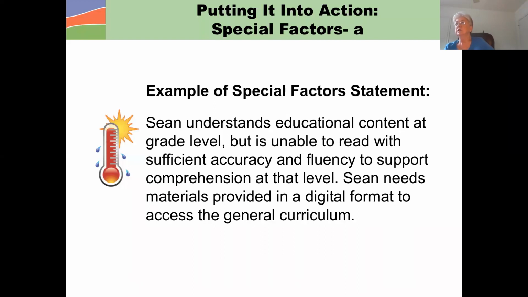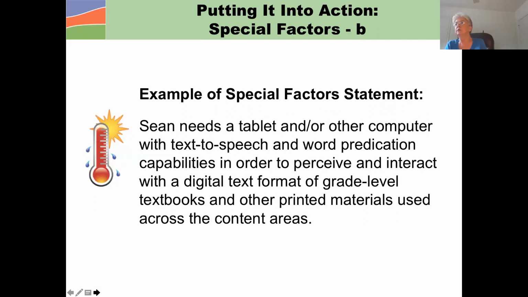He understands educational content at grade level, but is unable to read with sufficient accuracy and fluency to support comprehension at that level. Sean needs materials provided in a digital format to access the general curriculum. And as Joy was saying before, these are somewhat repeating the same things, but this is an example of what you could say at this place about the student.